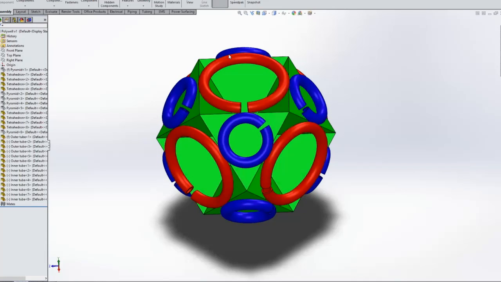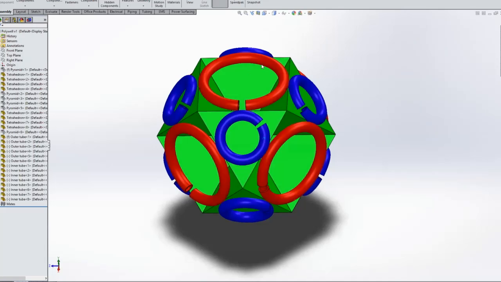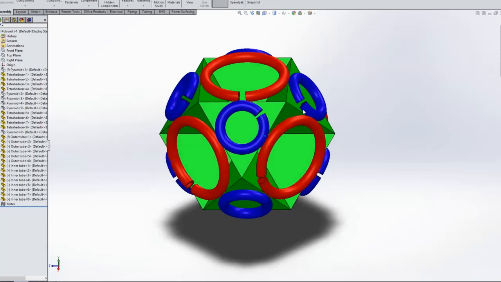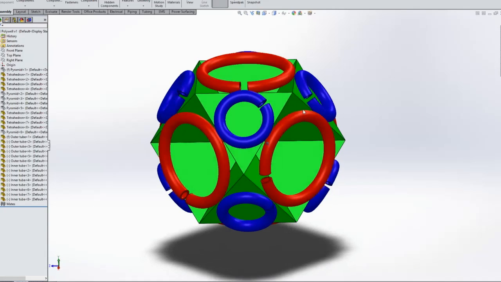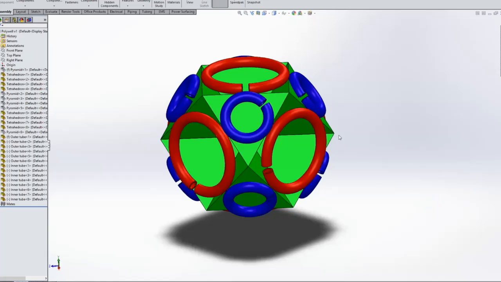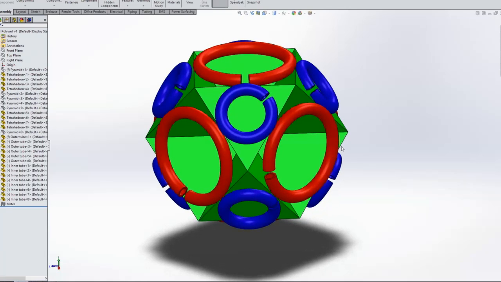And if you assemble a bunch of these with octahedra, you start seeing very interesting patterns. I think one of these days I'll show you guys those magnetic assemblies. So what if the octahedra was inside of this structure, for example?